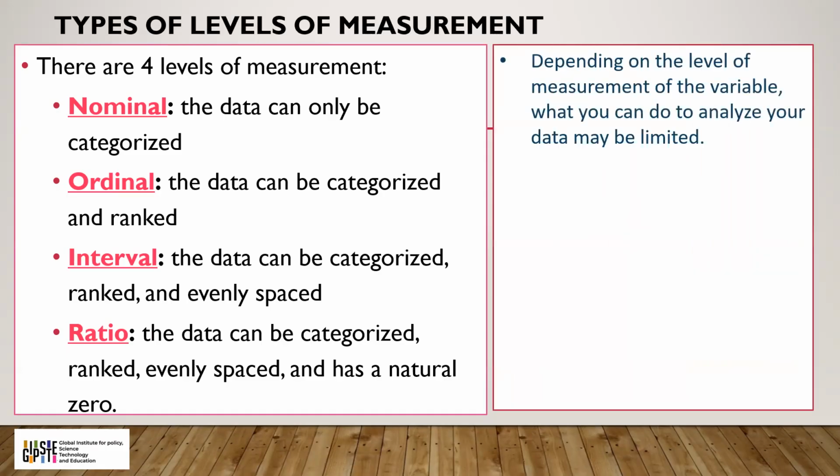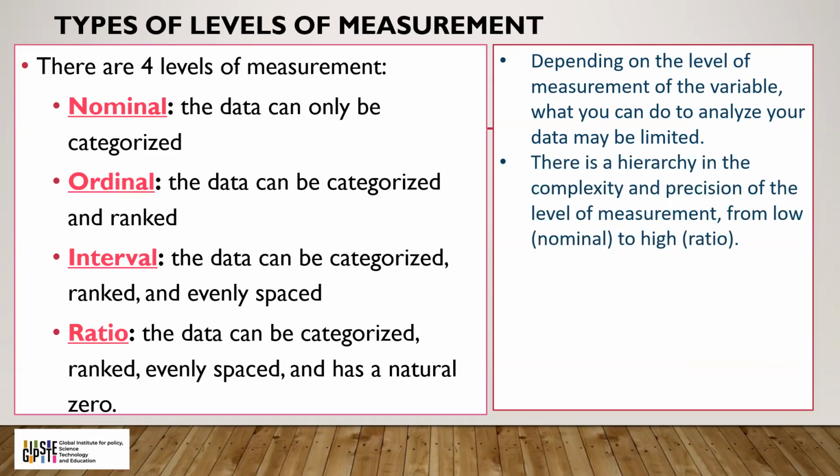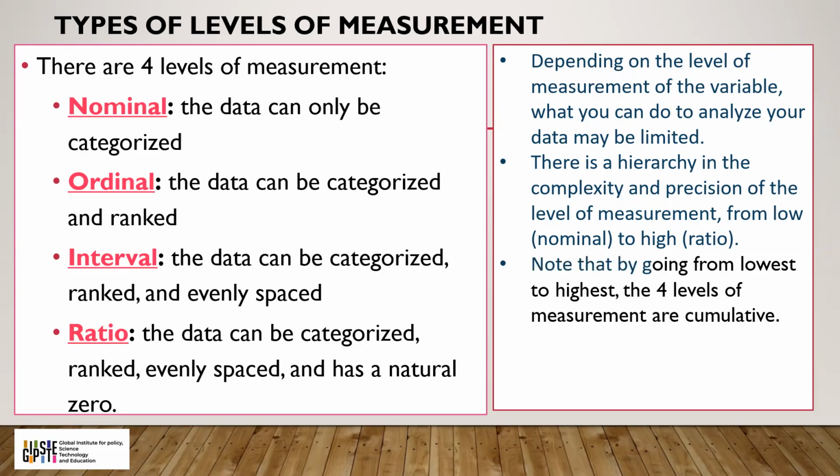Depending on the level of measurement of the variable, what you can do to analyze your data may be limited. There is a hierarchy in the complexity and the precision of the level of measurement, from low, that is beginning from the nominal, to the highest level, that is the ratio level. Note that going from the lowest to the highest, the 4 levels of measurement are cumulative.